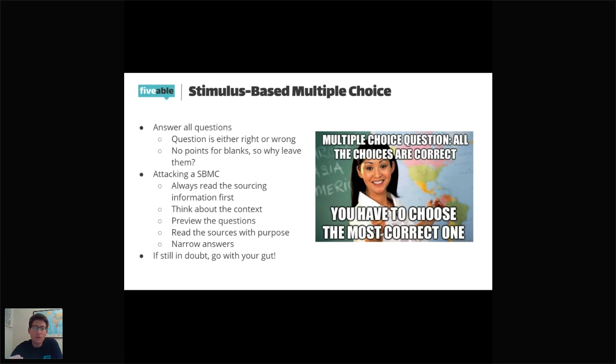If you know who wrote it, you know when they wrote it, then you can think about the context of the question. And you may find that if you're reading a source, say, written by a Muslim scholar in the 1100s, talking during the Crusades, well, your brain should start thinking, what do I know about the Crusades?